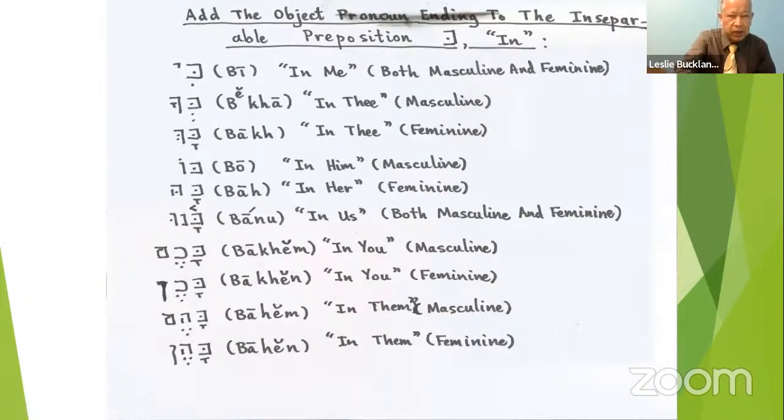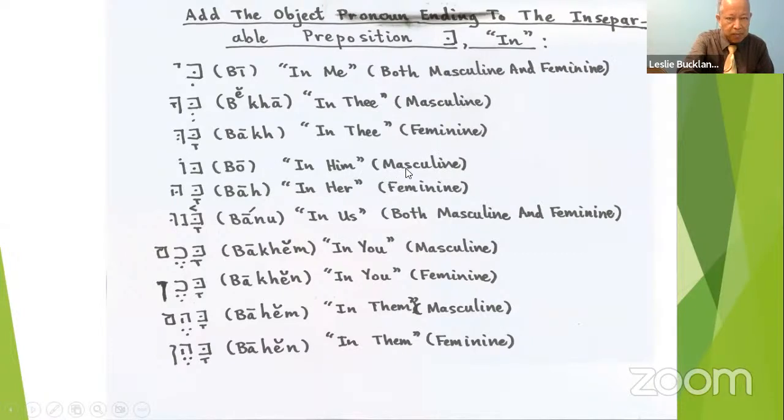Let's also apply that to the inseparable preposition beit, which means in. Bi, in me, both masculine and feminine. Beka, in thee, masculine. Bak, in thee, feminine.